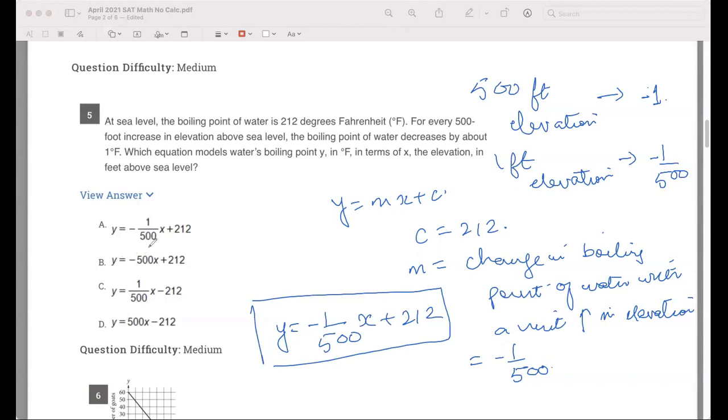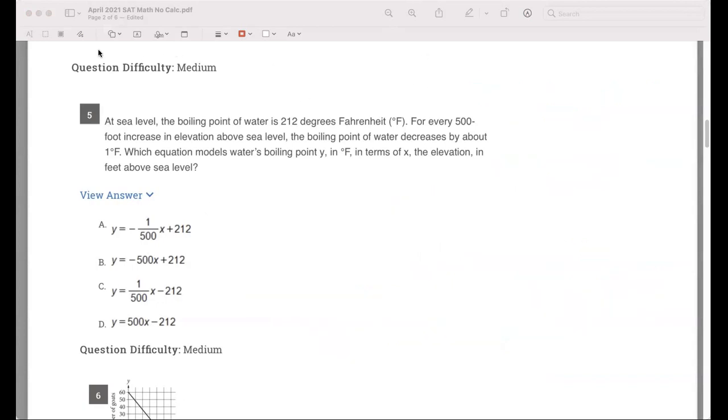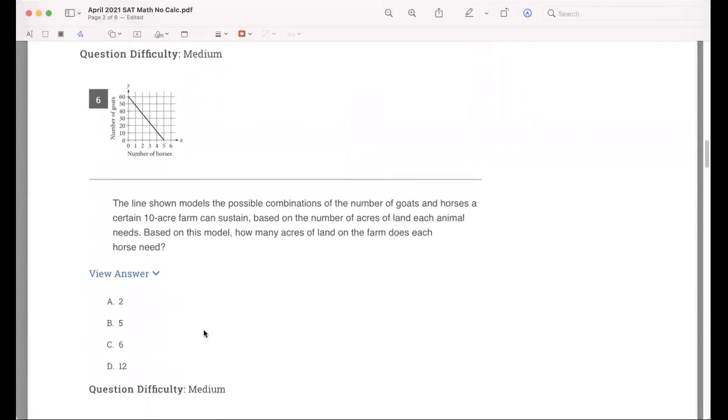So y is -1 over 500x plus 212, which is option A. So let's choose option A. Then let's go to the next one.